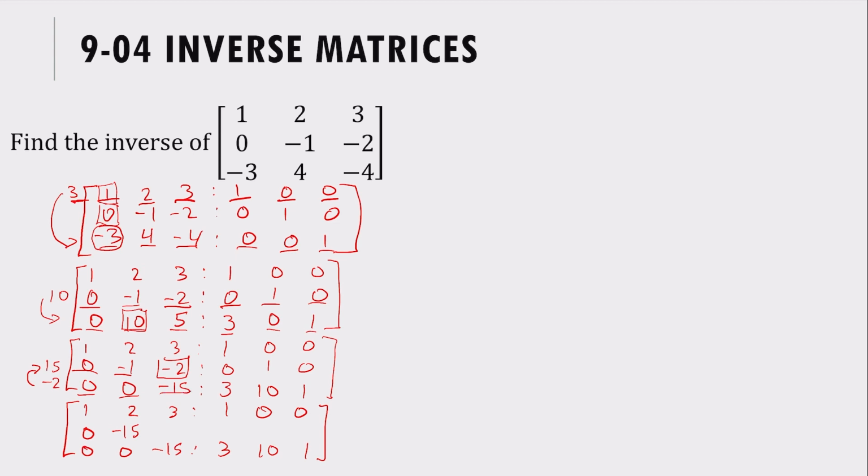We'll have negative 2 times negative 15, that's 30, plus 15 times negative 2, that's negative 30, so it's 0. Negative 2 times 3 plus 15 times 0. Negative 2 times 10, it's negative 20, plus 15 times 1 is negative 5. Negative 2 times 1 plus 15 times 0 is negative 2.